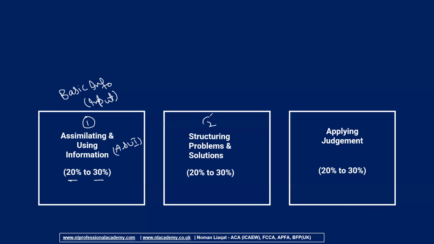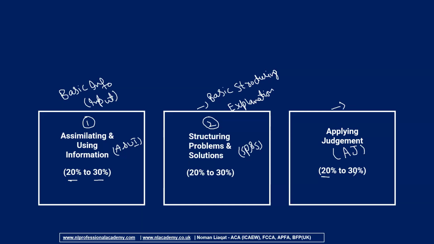Second type of skill that we have is structuring problems and solutions. This is called SP and S. Structuring problems and solutions means you need to go for basic structuring, some basic explanation. Next, we have applying judgment, and this is called AJ.